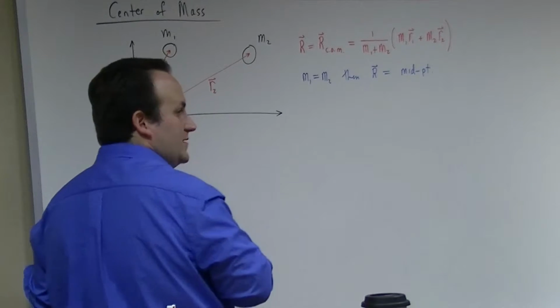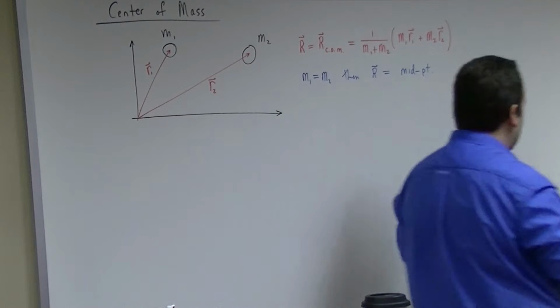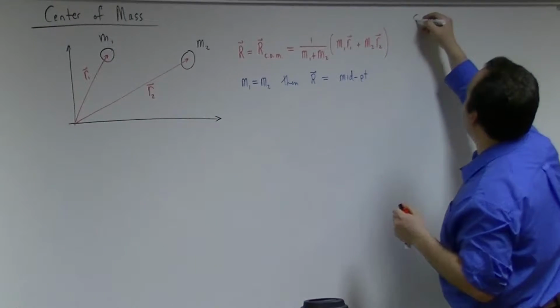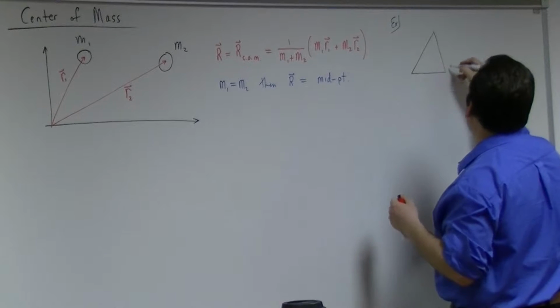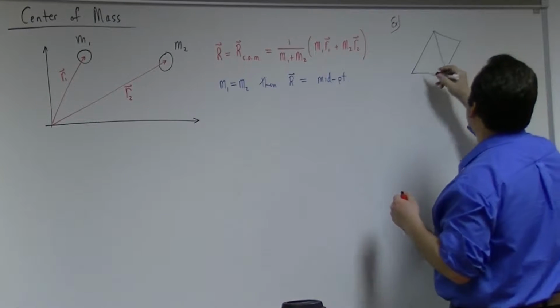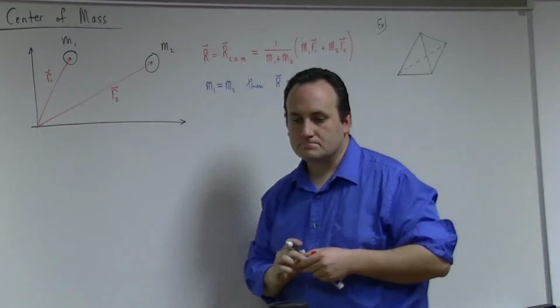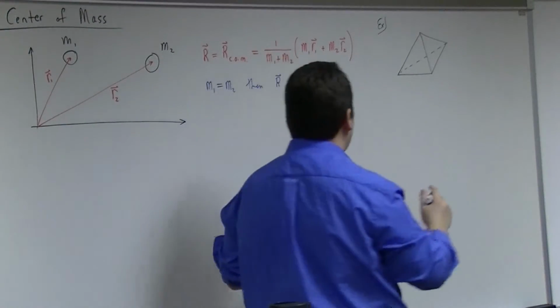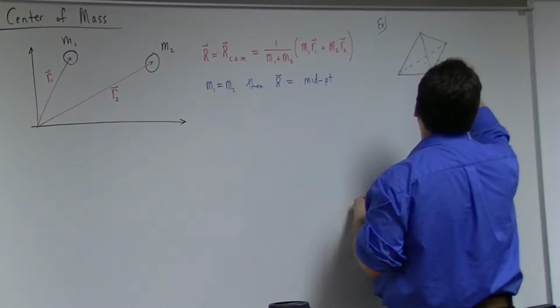Precisely. And there are all kinds of fun applications to this. For example, suppose I have a tetrahedron, and suppose I want to find the point in the center of the base of the tetrahedron.